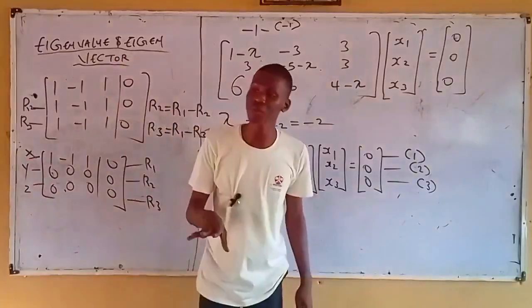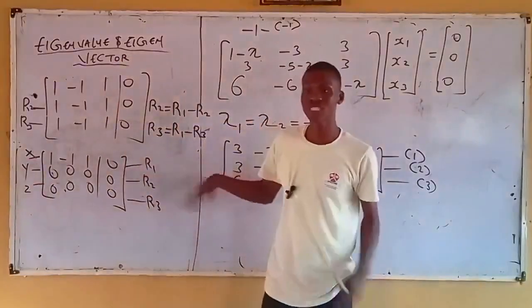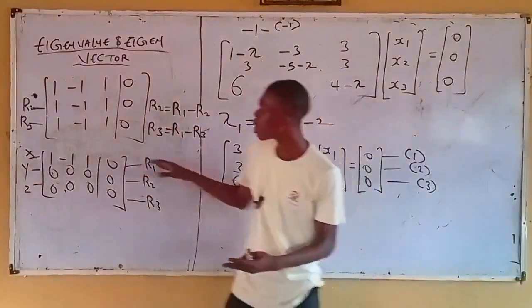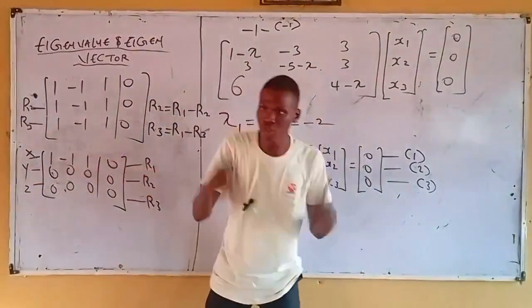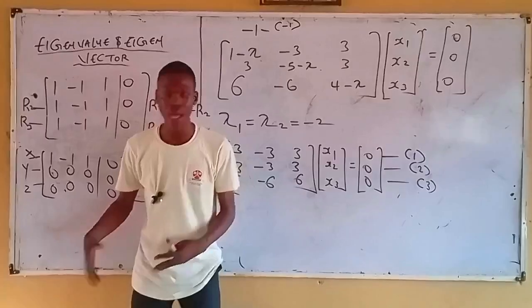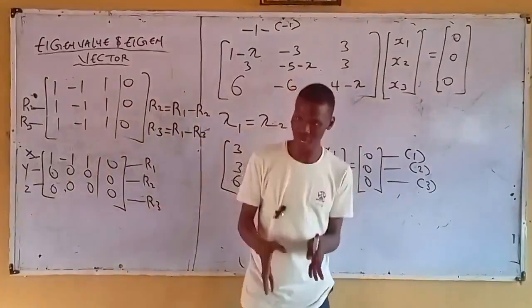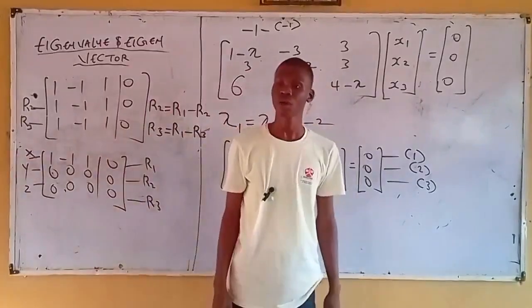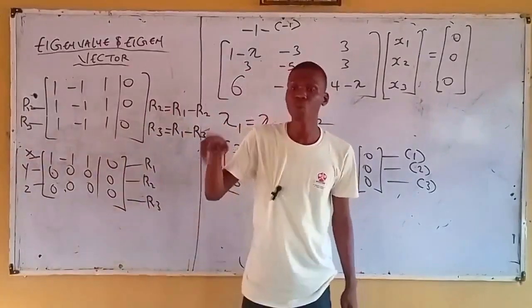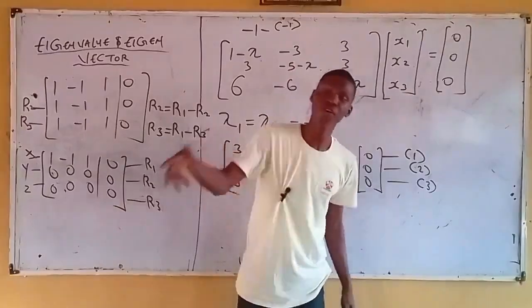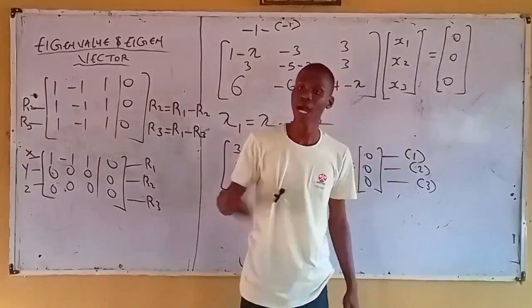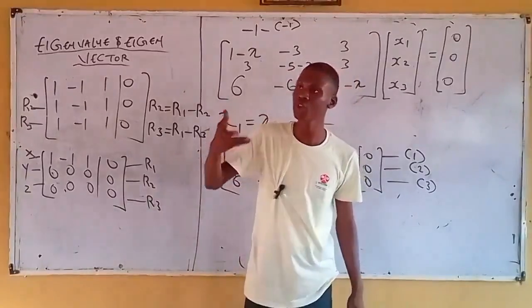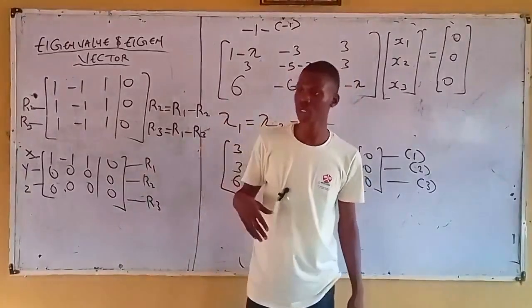The idea of free variable is that x, you still get x, since in the row of x you have values there. Meaning x will still be equal to something. Your x will now be expressed in terms of the free variable. Now, what is the free variable? What value are we going to get in row 2 and row 3?